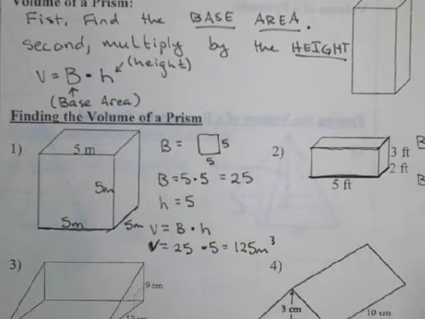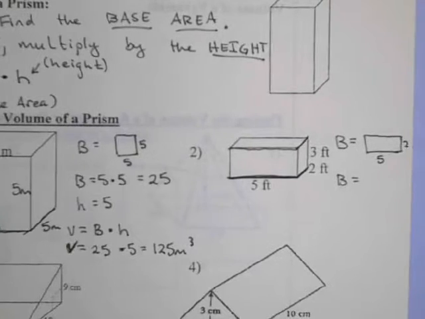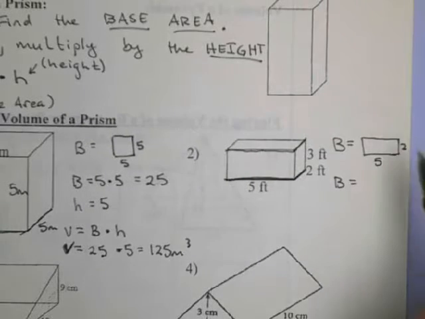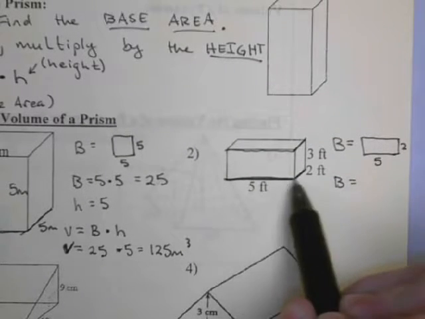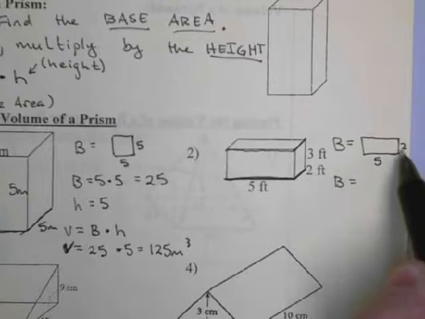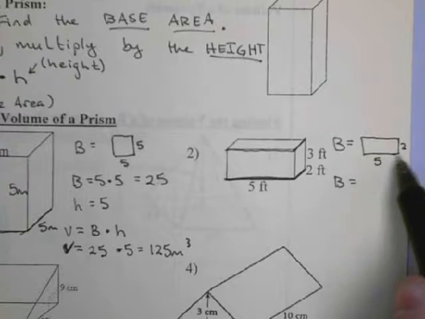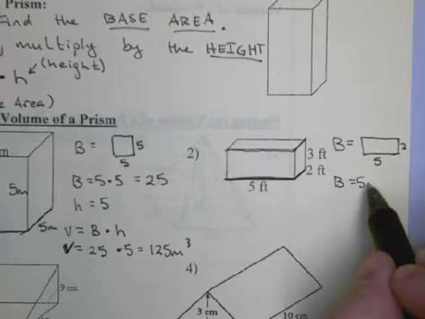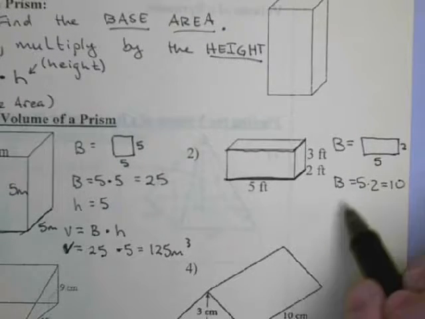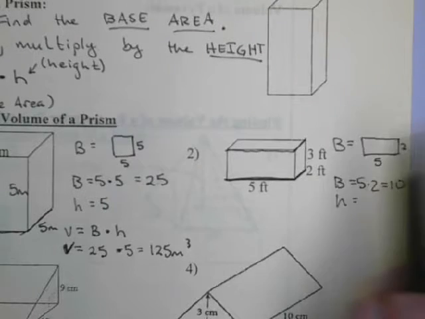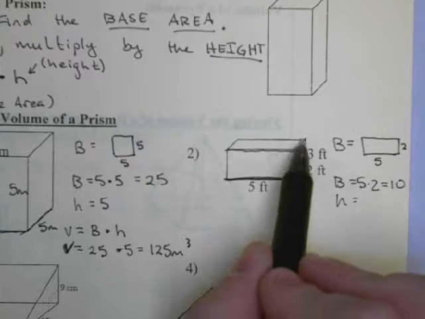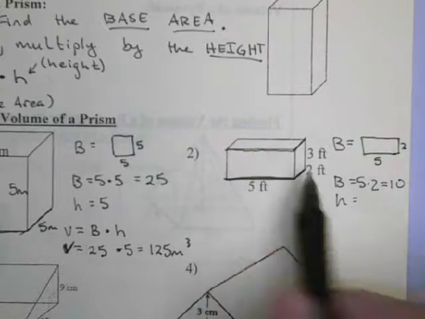We know that the base is our length times our width, so it's 5 times 2, which would equal 10. Then our height would be equal to the height of my box, the height of this prism, which is 3.